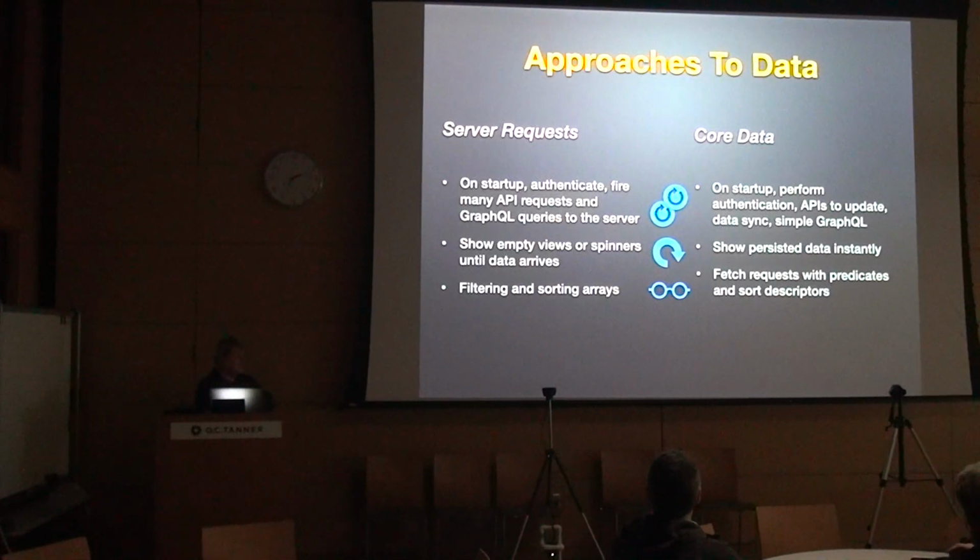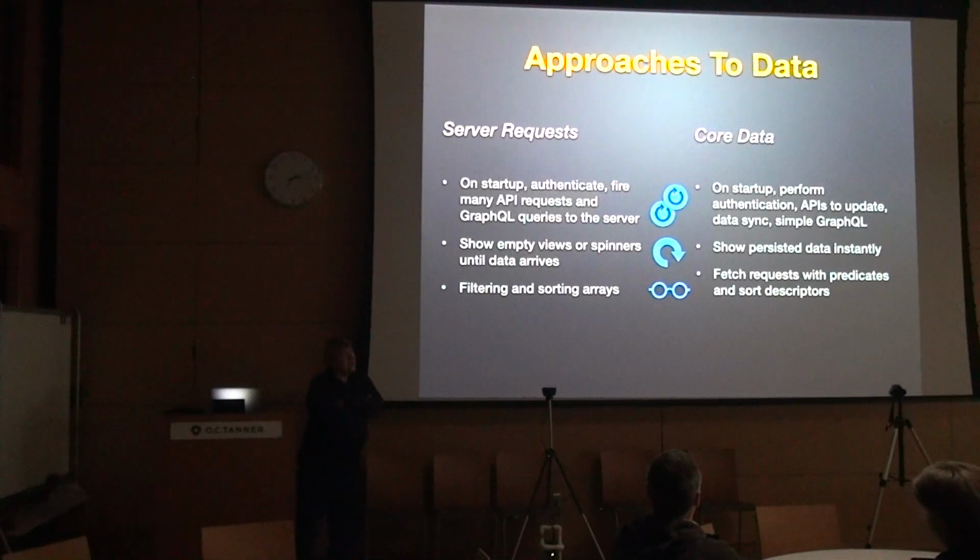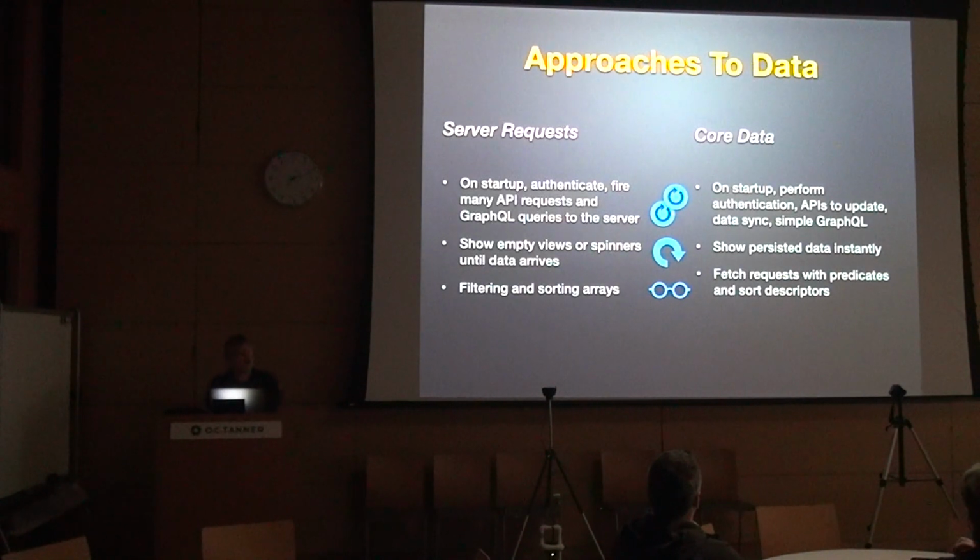There is no need to wait for a bunch of requests before you start looking at UI or populated UI. So we were talking about speed advantage. It's a whole lot faster to make a local request with Core Data and populate your screens than it is to wait for your 15 API calls to happen using spinners.